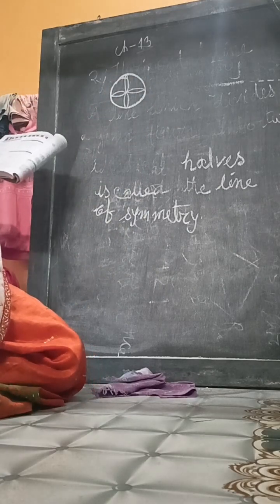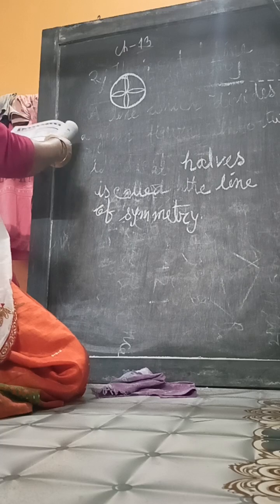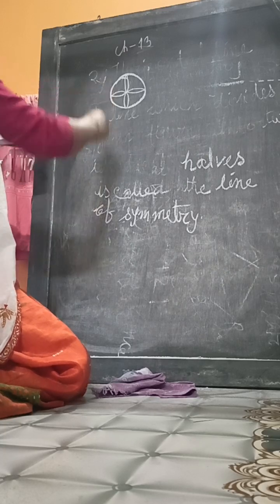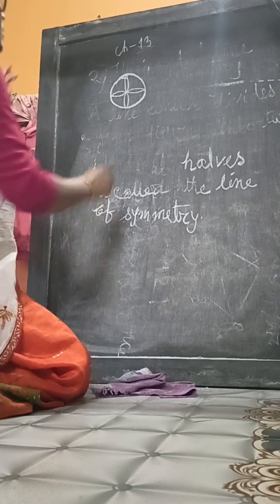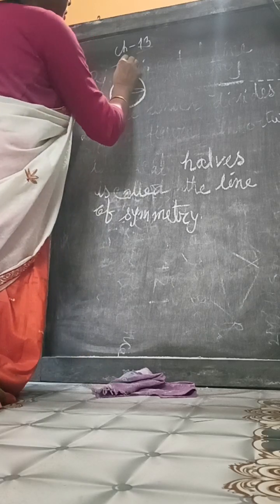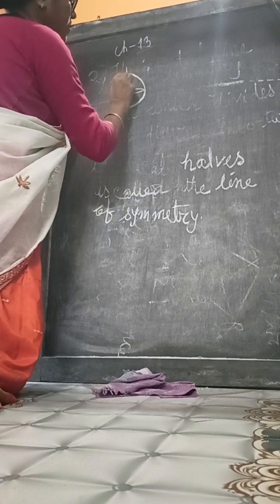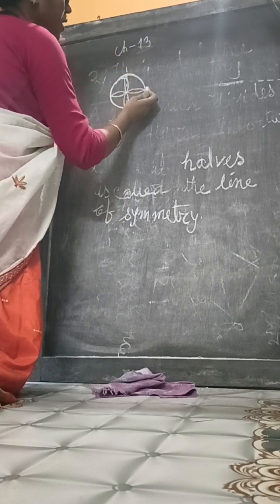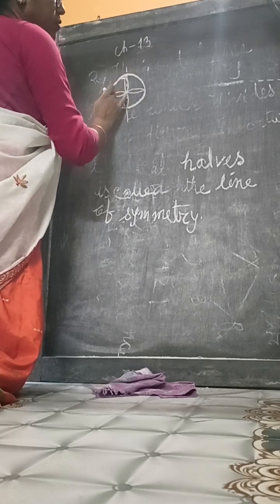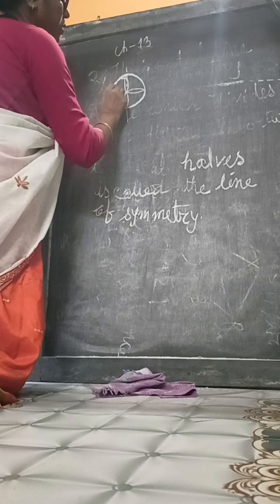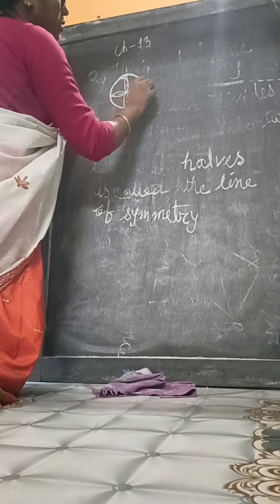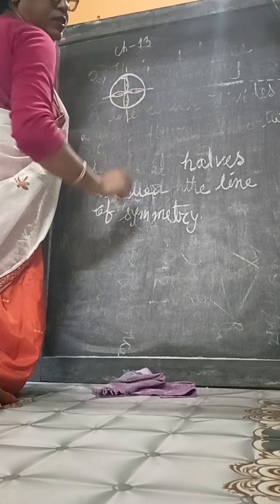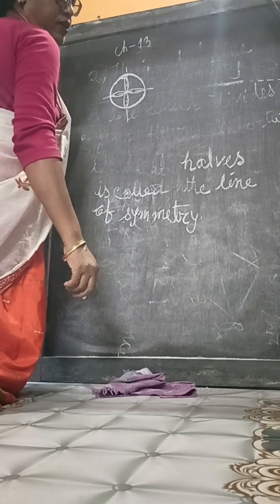You have drawn this figure. Is it a symmetrical figure or not? Here you draw a line. See. This part coincides with this part, or this part is identical. That means it is a symmetrical figure.